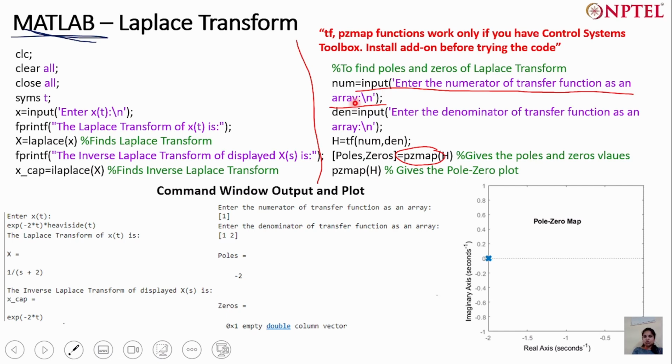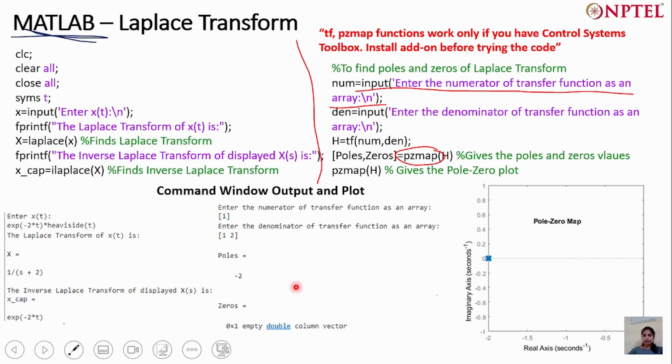After giving these two inputs, you write h equals tf of numerator comma denominator. TF stands for transfer function. Then h becomes a transfer function with this numerator and this denominator. And then if you write pzmap of h, you will get the poles and zeros.